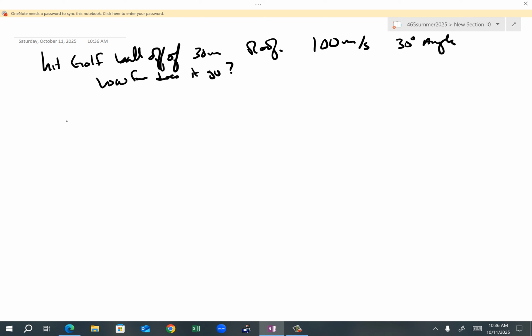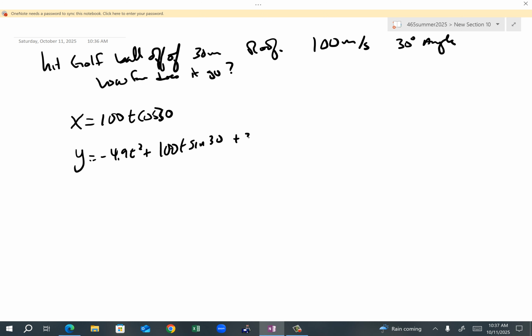So x equals v t, so x equals 100 t cosine 30. And then y equals negative 4.9 t squared plus 100t, sorry, 100t sine 30 plus 30.